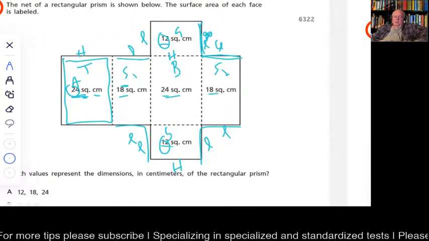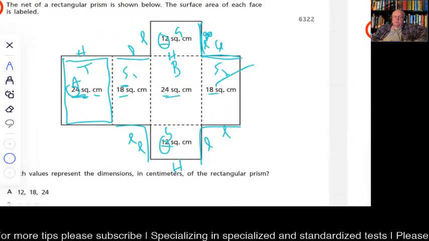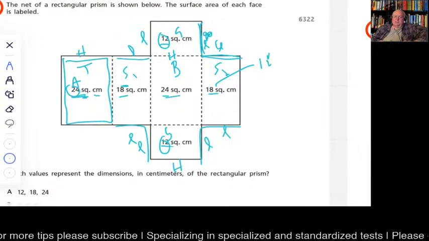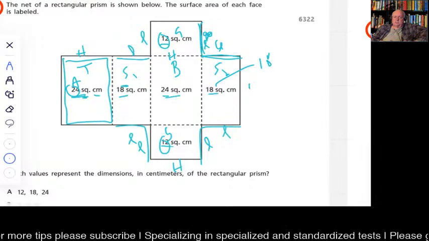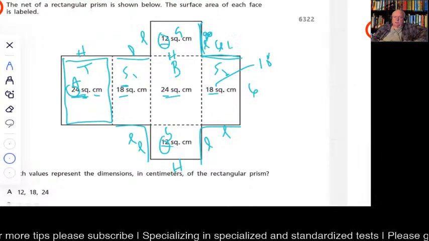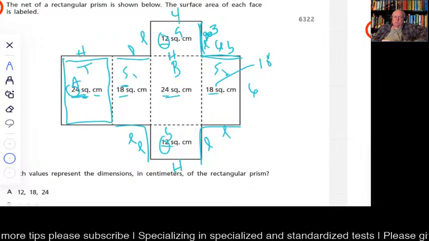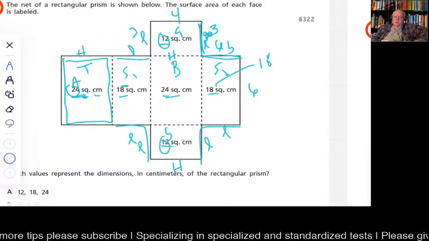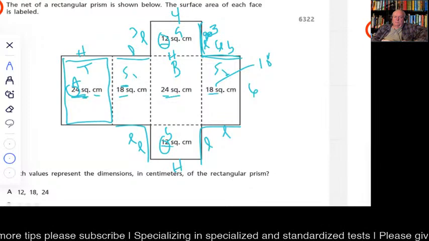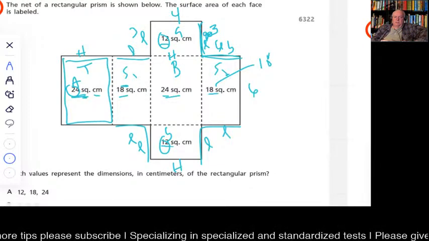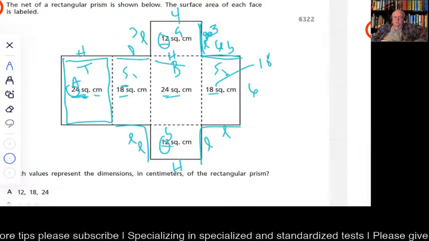So what we're trying to do is do the factors of 18. So we have to make some guesses here. So if this was 6 and this was 3, right? Then if this was 3, then this was 4, which means this is 3 as well. And if this is 4, then this is 6.